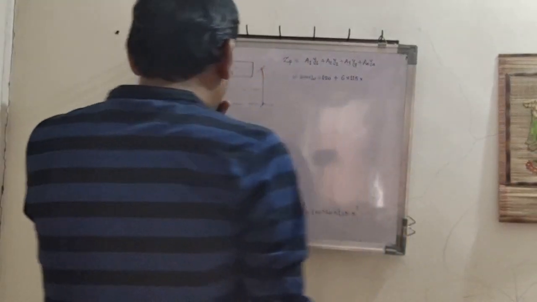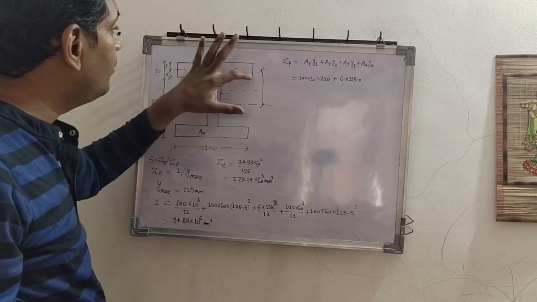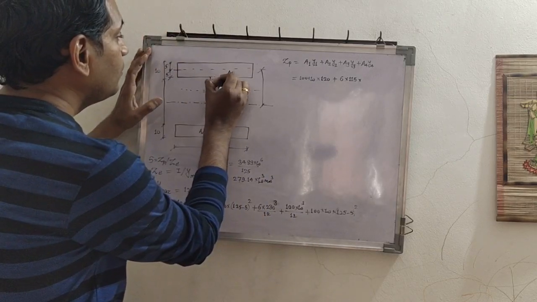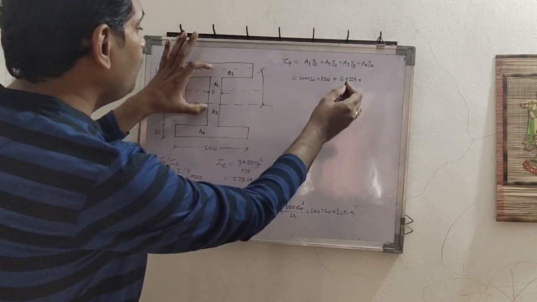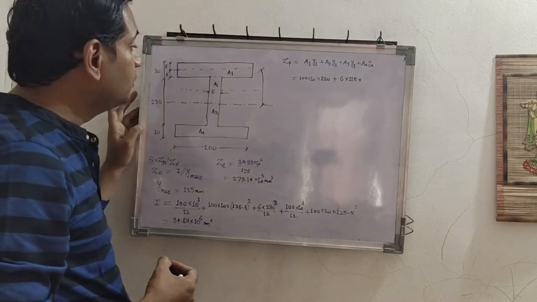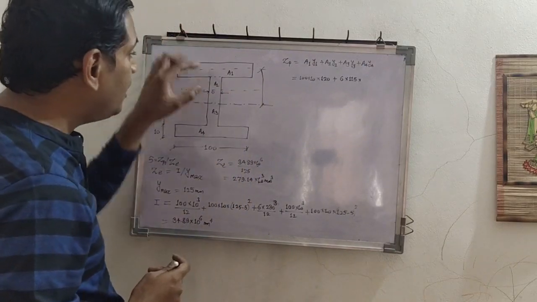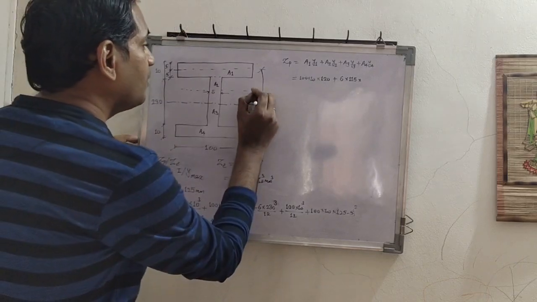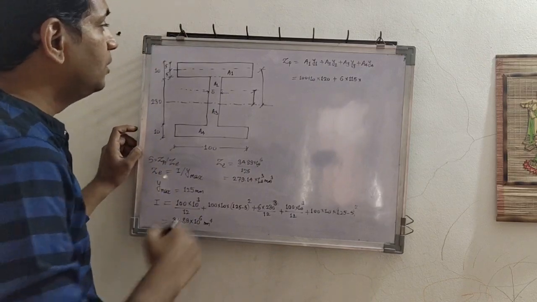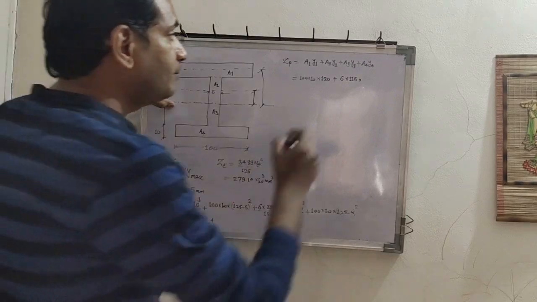So the part of the web above the plastic neutral axis and below the bottom of this top flange, this part we want. So this is area 6 into 115 into, now difference of centroidal distance between this area and neutral axis. We want this one. Correct? How much is this distance? This will be total 125.